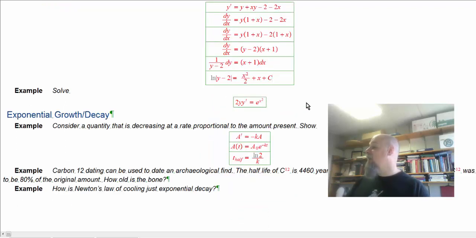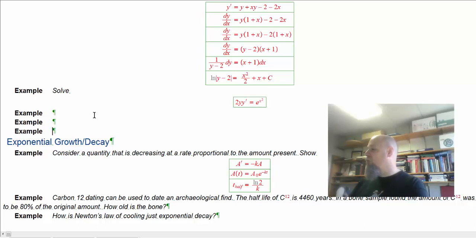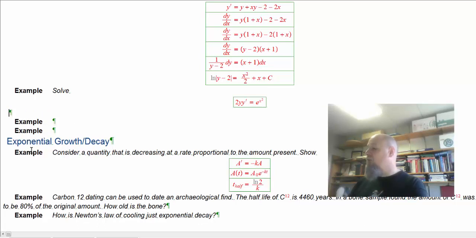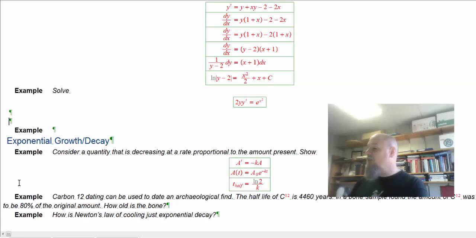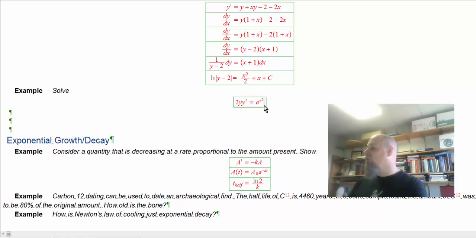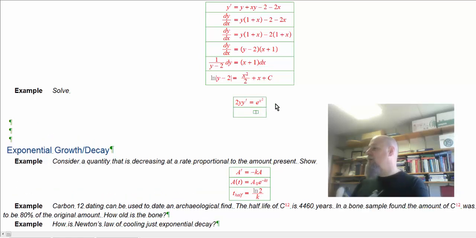This last example, what's the point of this last example? The point is the technique itself, the separable equation technique. We can still do this even though we can't integrate it.